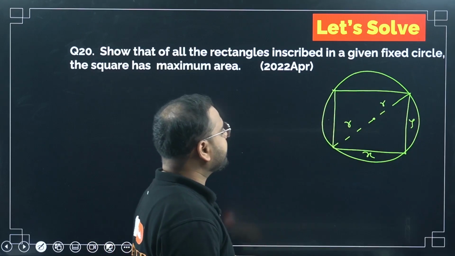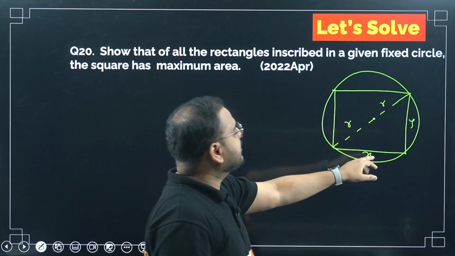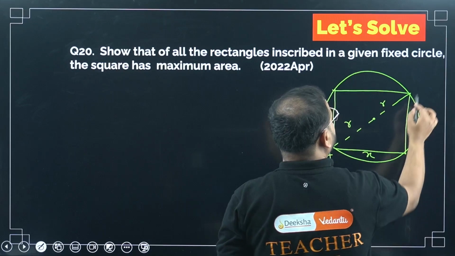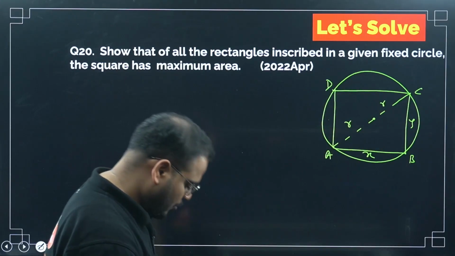In this condition, this rectangle ABCD is a square. Basically, you have to prove x equals y.